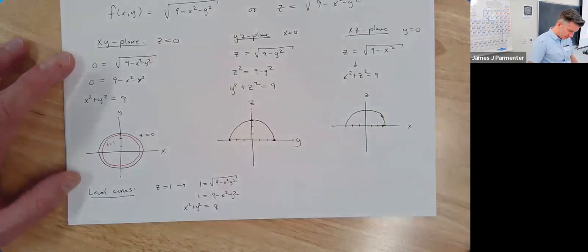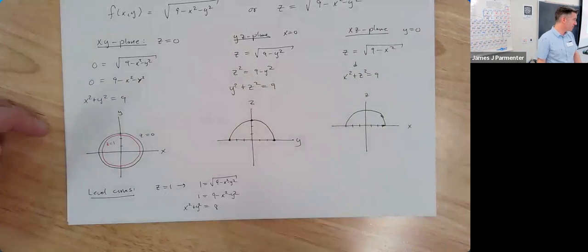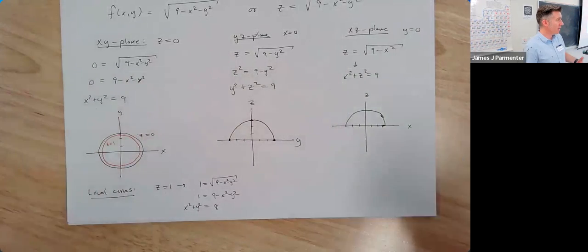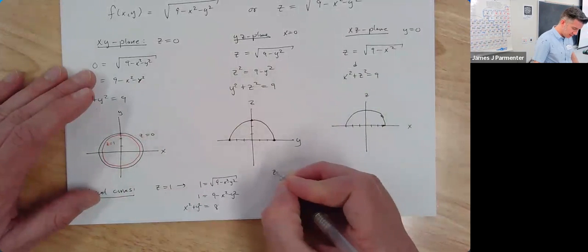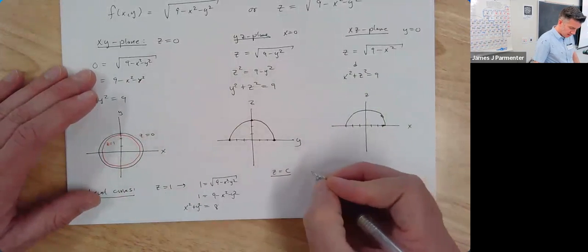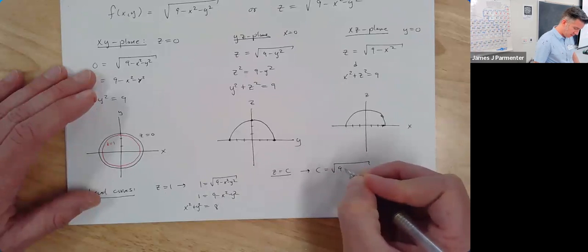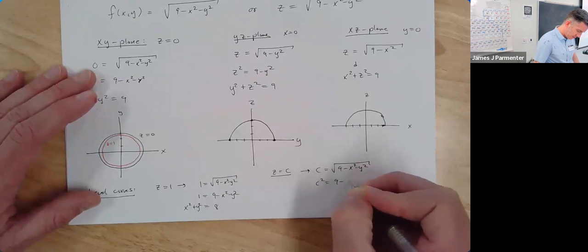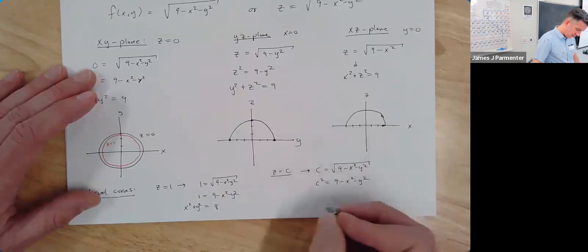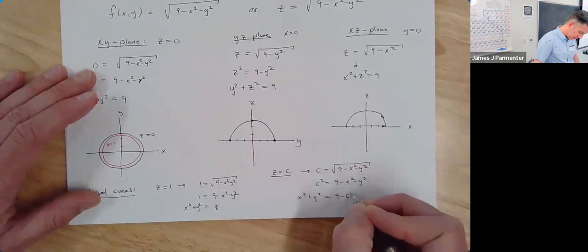And if I plug in z equals 2, now here's what I should do to be smart. I don't want to keep plugging in different values of z to find new level curves, which are all going to be circles. So let's say that z is equal to c. Then if I plug in c, I get c equal to the square root of 9 minus x squared minus y squared. Square both sides, and then solve for x squared plus y squared, and you get 9 minus c squared.